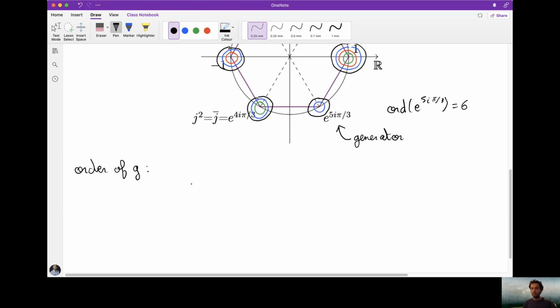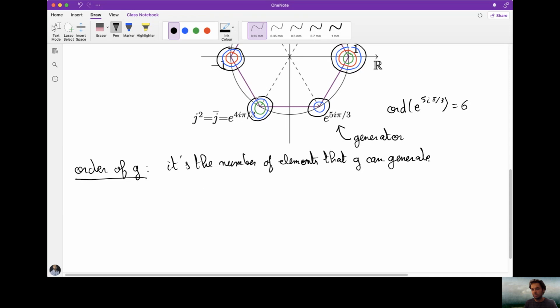There are two ways of thinking about what the order of g is. One is that it's the number of elements that g can generate. But if you want to make this more precise, it's better to have a more precise definition than this.